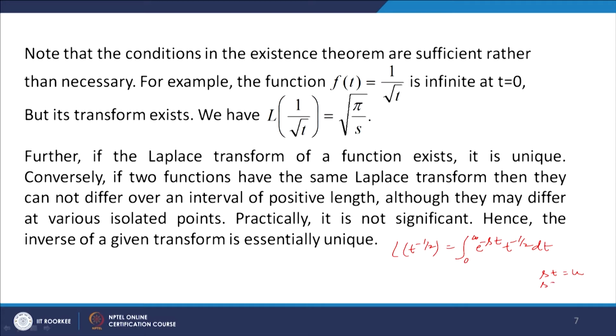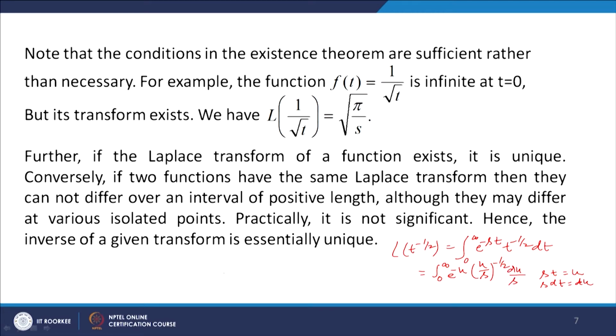So s dt = du, and if s is positive, the limits of integration remain 0 and infinity, and we have e^(-u), t will be u/s raised to the power minus half, and dt will be du/s.